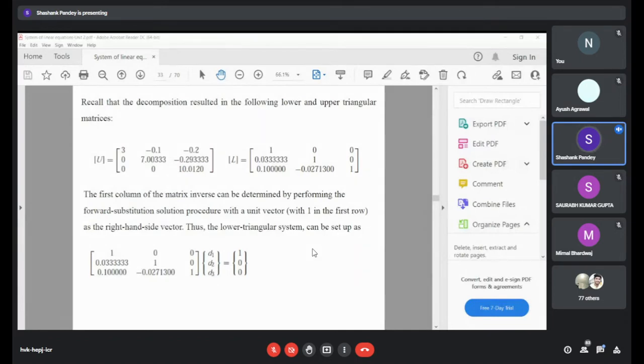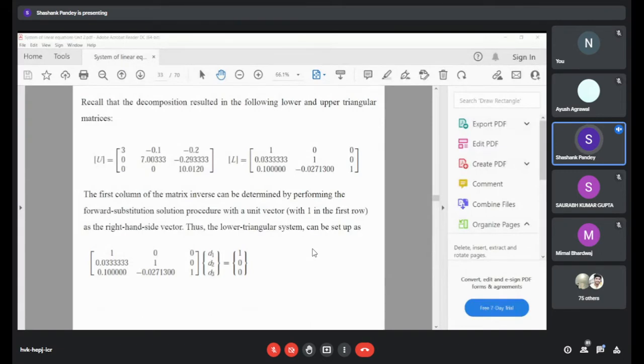What is the value of D3? Bablu Kumar Patel. Okay, Bunty Kumar Das.